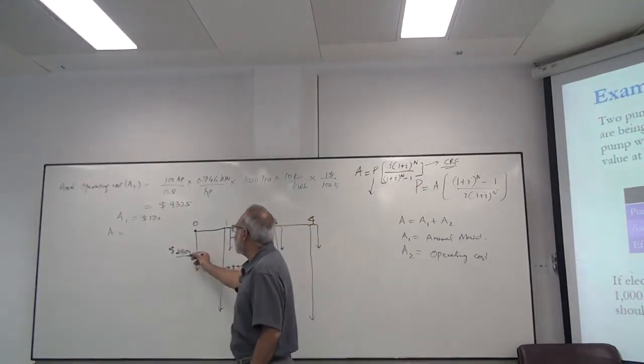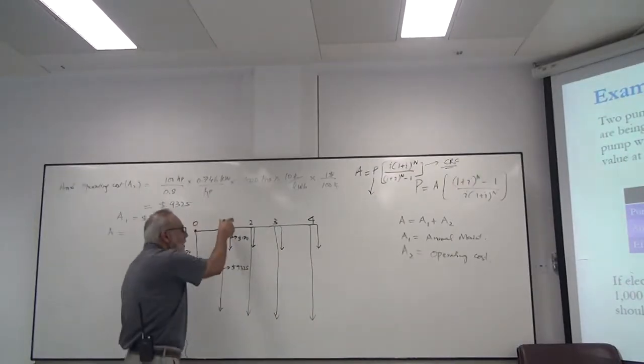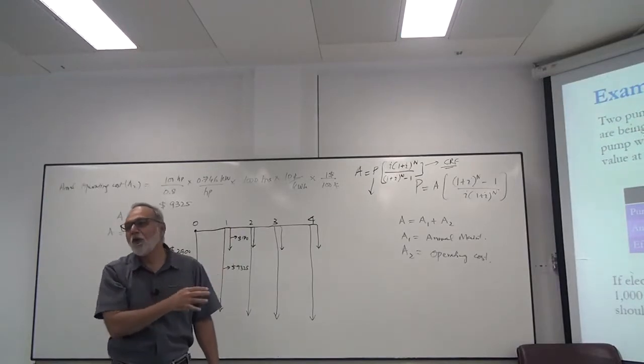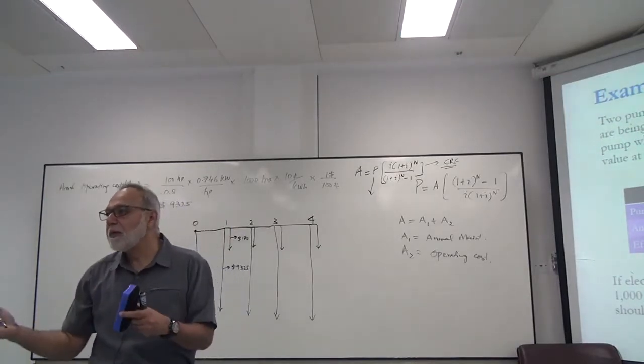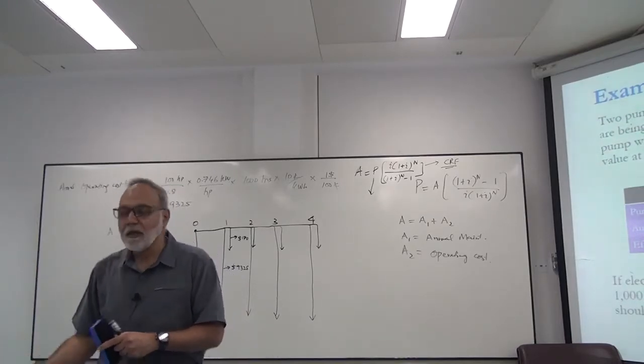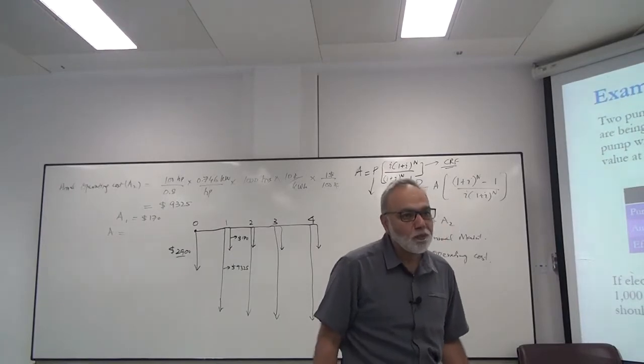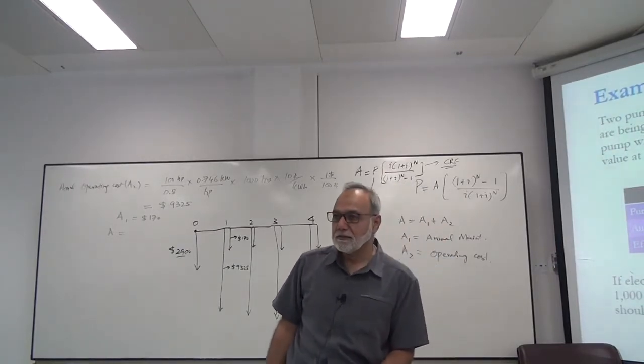So you will have 2900 split over 4 years. Then on annual cost basis, you can also compare the annual owning cost of pump ABC and the annual owning cost of XYZ. Both ways it is correct.